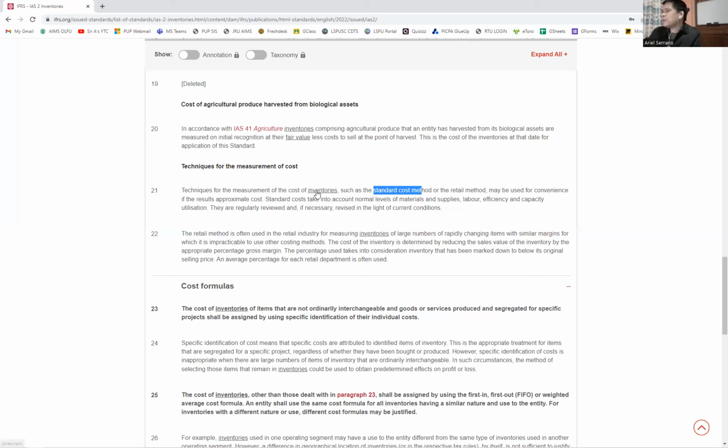So, techniques for the measurement of the cost of inventory, such as the standard cost method or the retail method, may be used for convenience if the results approximate cost, especially for homogeneous products that are produced in batches, voluminous, all alike. We have to approximate the cost and it will be divided evenly, whatever cost we incurred, especially when we use standard costing. Of course, the details of how we account for standard costing and how we compute for it are discussed in a cost accounting subject.